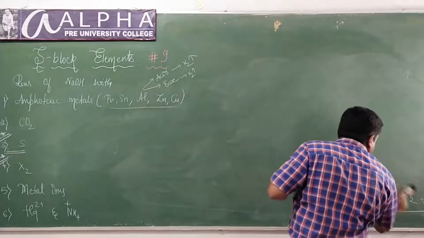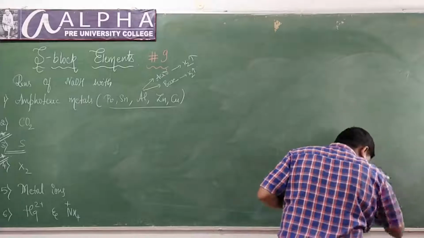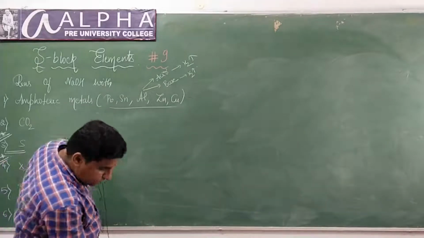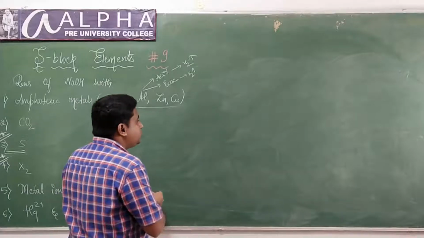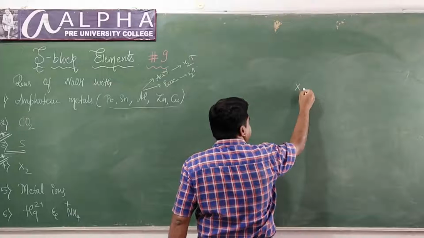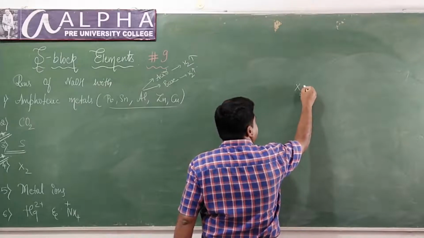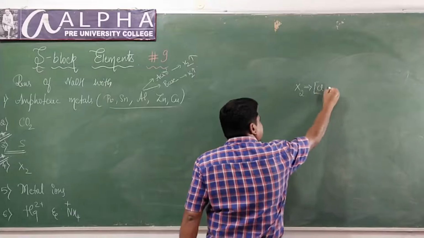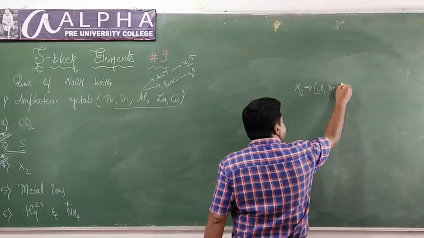Look at here. Just a minute. So what is going to happen here? We have a reaction of halogens, in particular chlorine, bromine, and iodine.